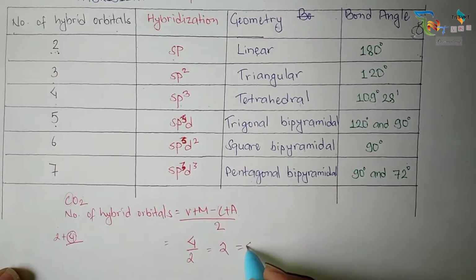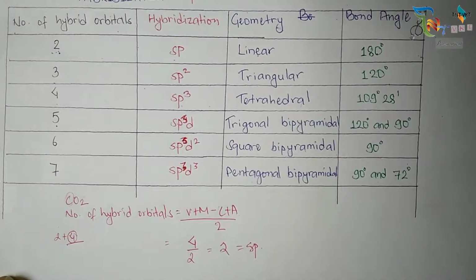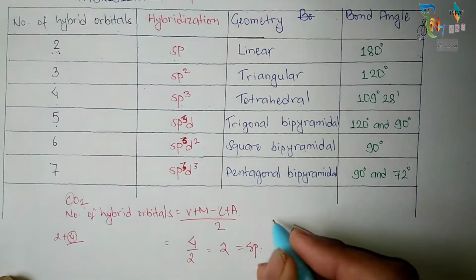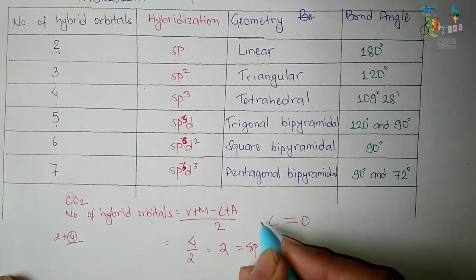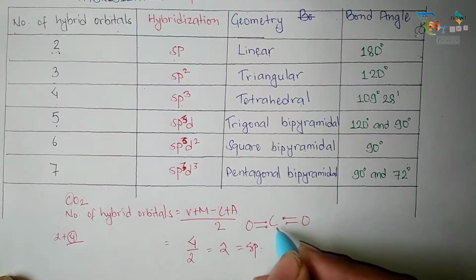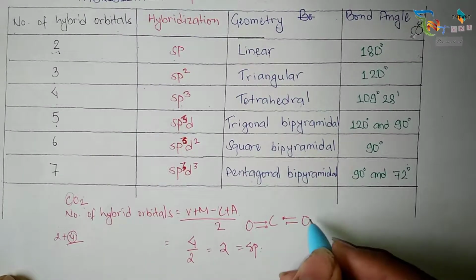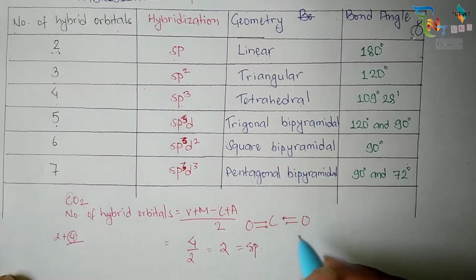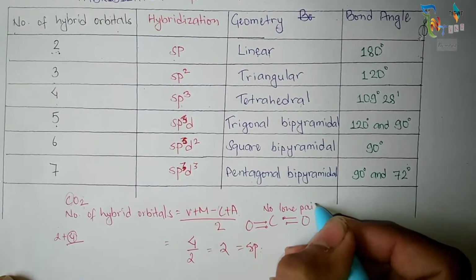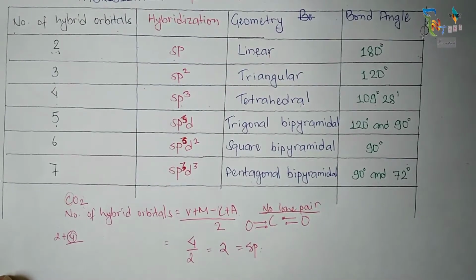That means sp hybridized, which will have linear geometry. Carbon's valence electrons 1, 2, 3, 4 are fulfilled in sharing with oxygens, so there is no lone pair. These are for no lone pair cases.